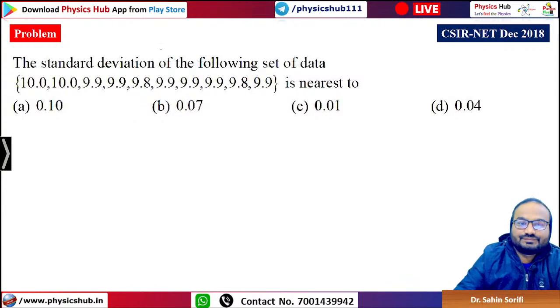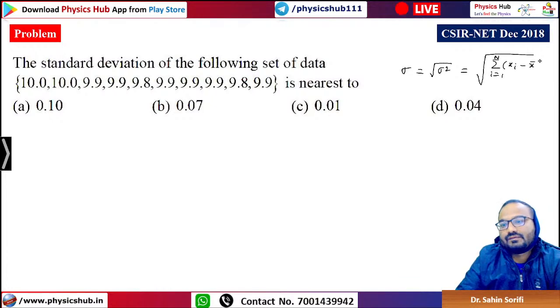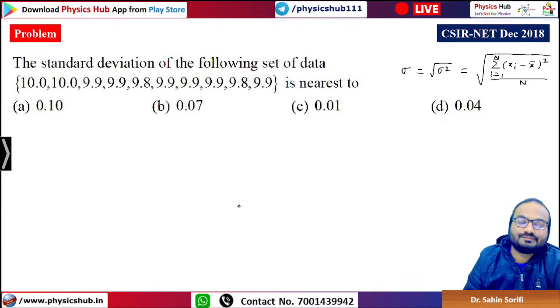Standard deviation. Standard deviation means sigma, the square root of sigma square, the square root of the sum over i equals 1 to n of xi minus x average whole square divided by n. N is how much? You can see 1, 2, 3, 4, 5, 6, 7, 8, 9, 10. 10 data points are there, so n is equal to 10.